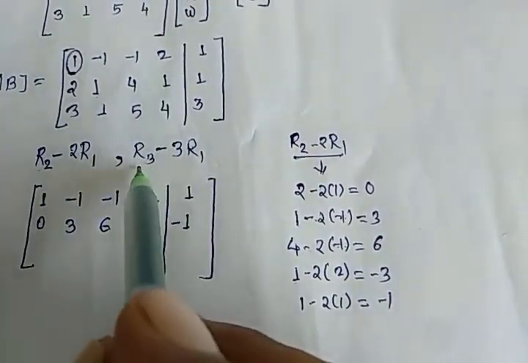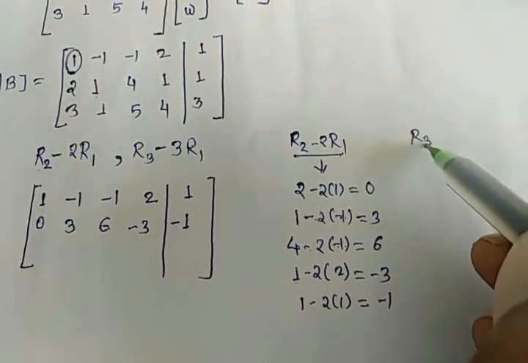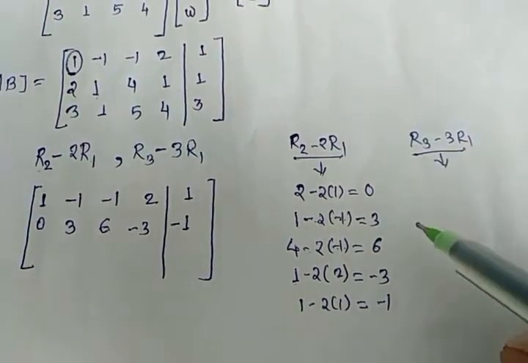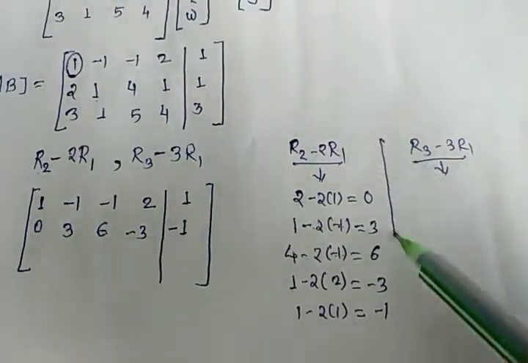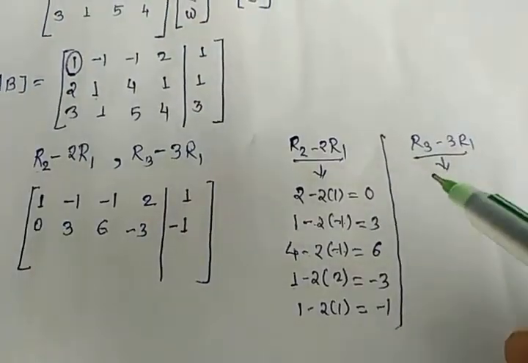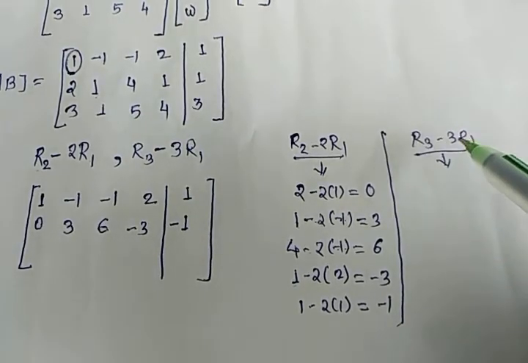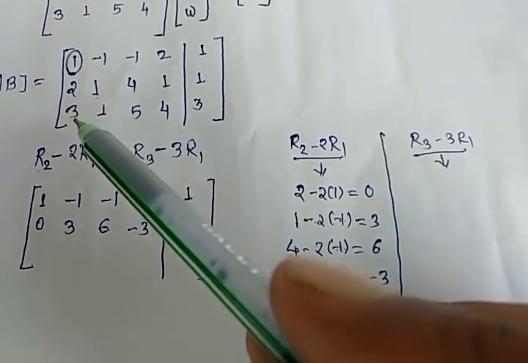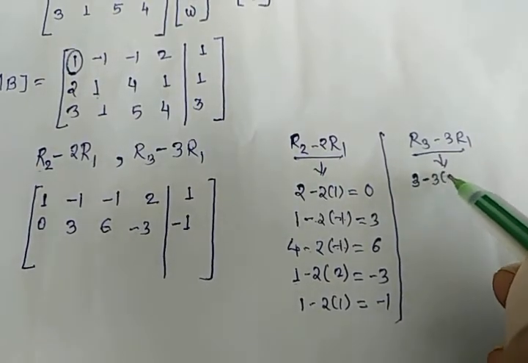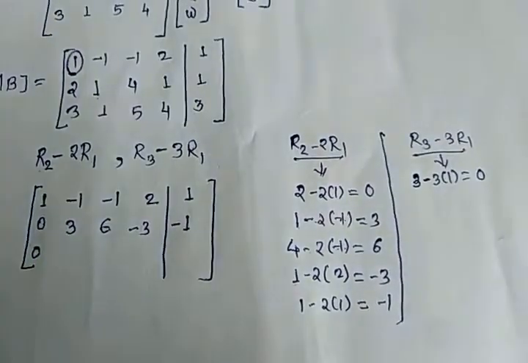To change row 3 we have the row operation R3 minus 3 R1. Here R3 is 3 and R1 is 1, so 3 minus 3 into 1 is 0.